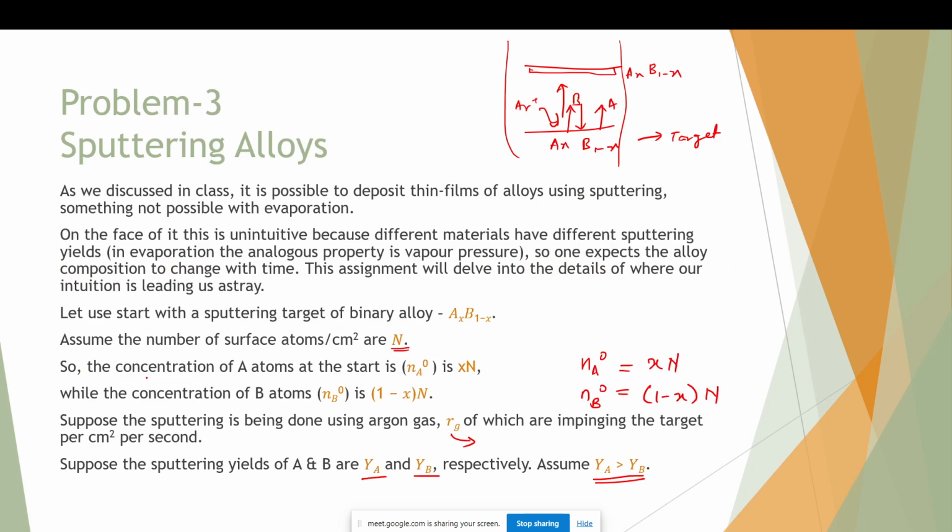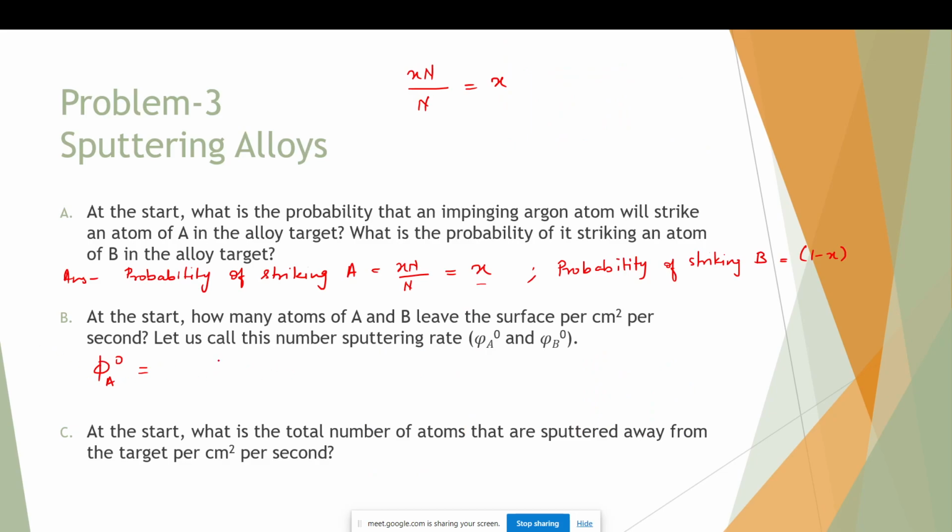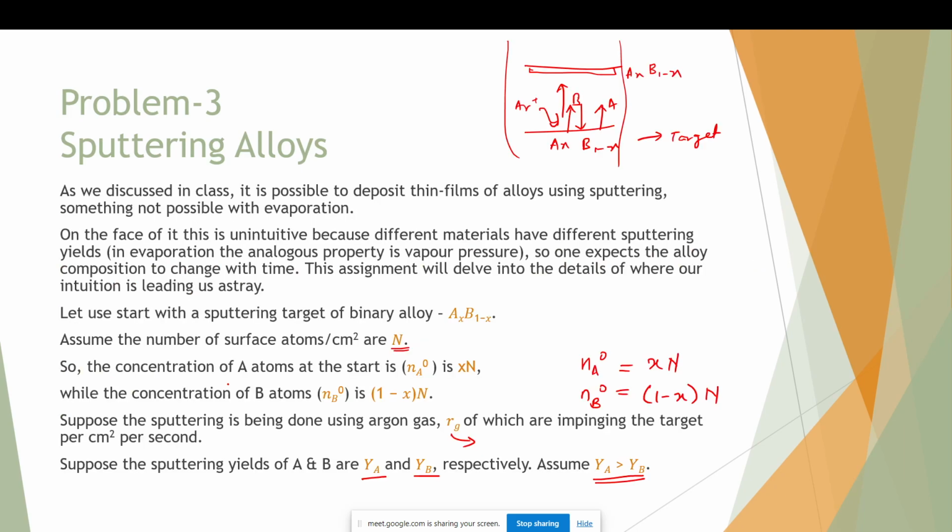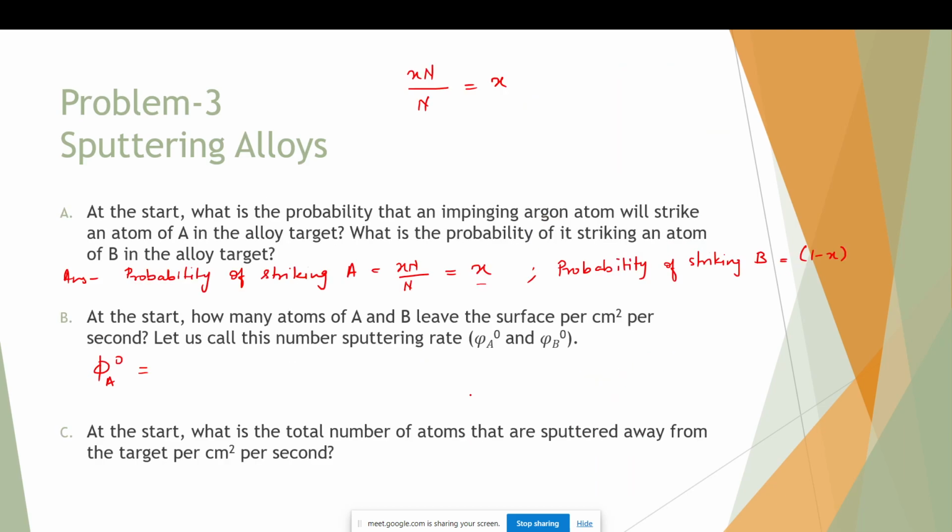They have given us the concentration of A atoms at the start on the surface, and they have given us the sputtering yields, right. So from this can we get the rate of sputtering? Also one more thing, this is the impinging rate, that will also play a role. So just by intuitively thinking, do you want to take a guess?